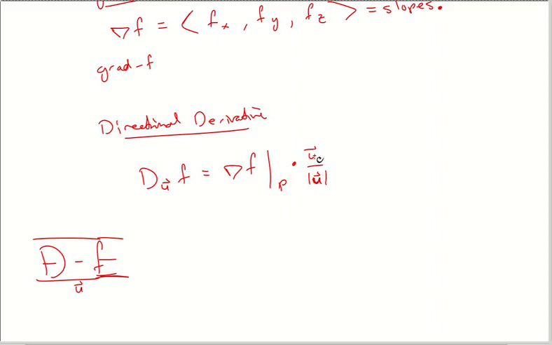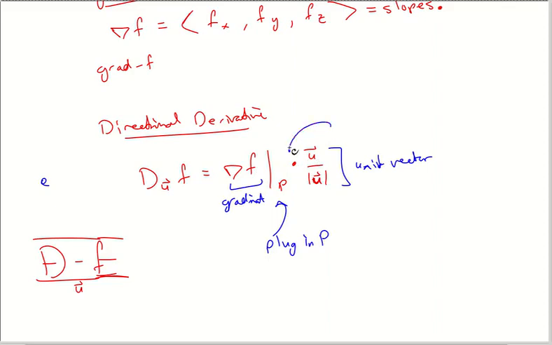And you might be wondering, what is all that? So let me go ahead and fill in some pieces here. This is your gradient of f. You're plugging in your p, a point that they'd have to give you. And this is a unit vector. Notice that we have a vector times another vector, so that must be a dot product.